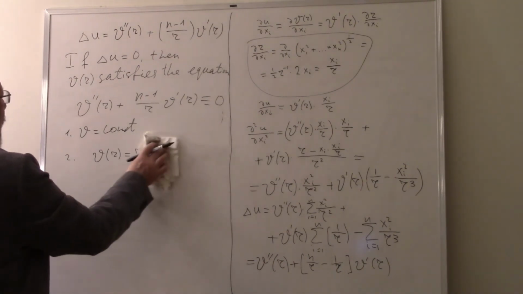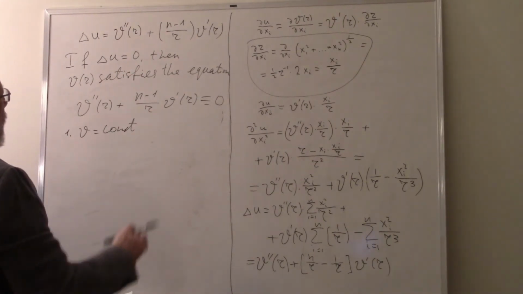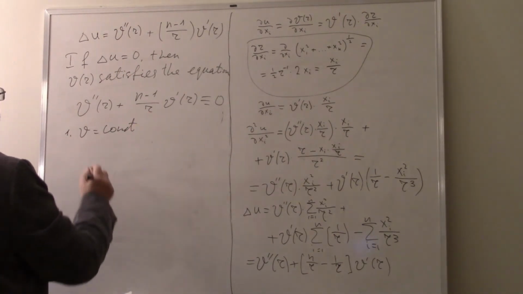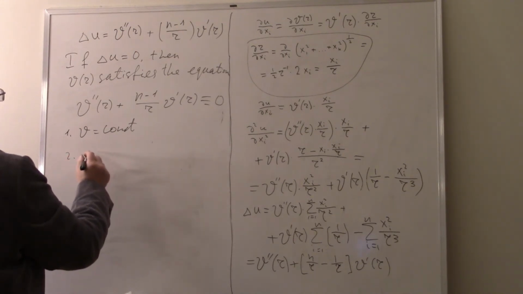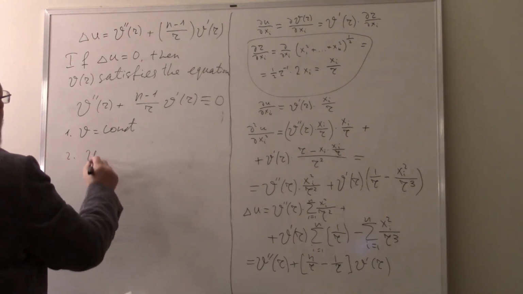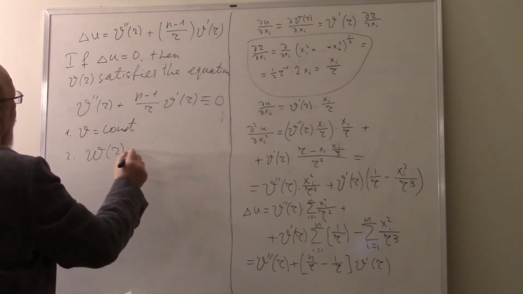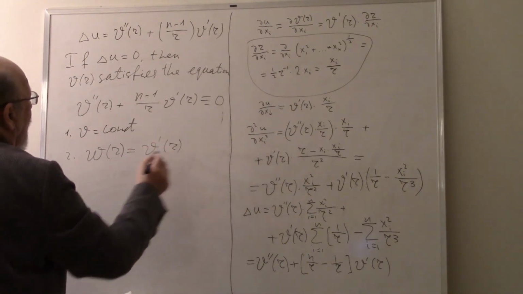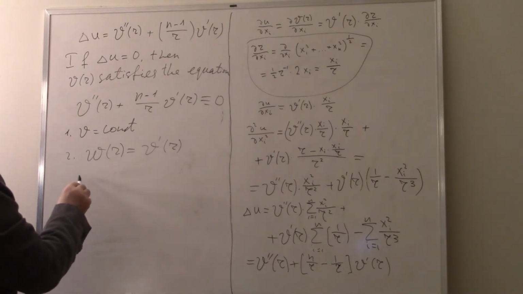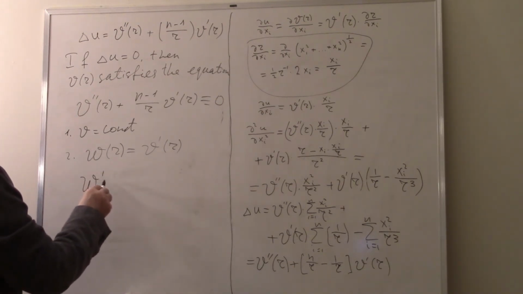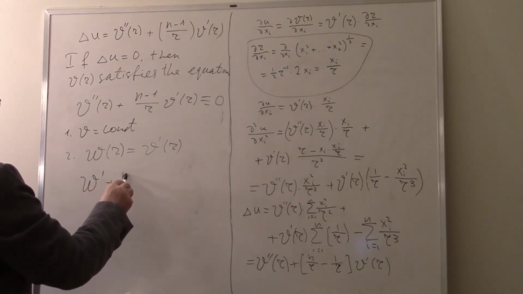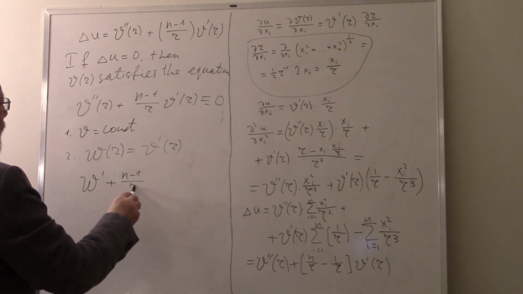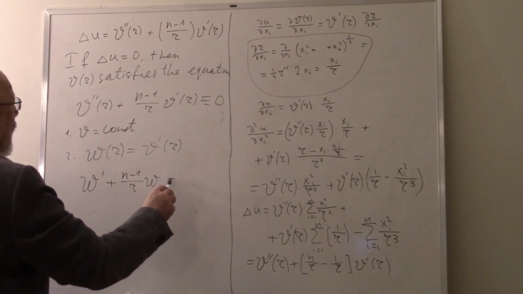This equation does not contain v itself, so let's introduce the new variable w of r equals v prime of r, and then you have the equation w prime plus (n minus 1) divided by r w equals 0.